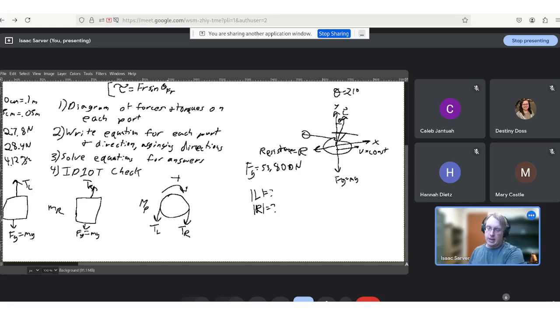Who do we got? We have Caleb. We have Destiny. We have Hannah. And we have Mary. Make random choice there, Mathematica. Before I figure out how to make a random choice. Oh, come on. There we go.